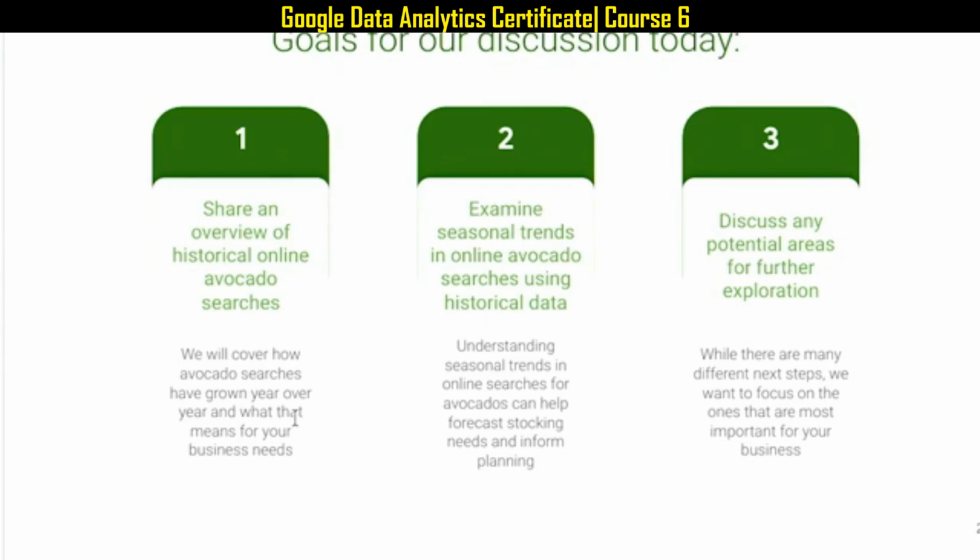Then we'll examine the opportunities and risks of seasonal trends in online avocado searches. We'll move into actionable next steps that can help you start taking advantage of these opportunities as well as help to mitigate the risks. And finally, we'd love to make the third part a discussion with you about what you think of these next steps.